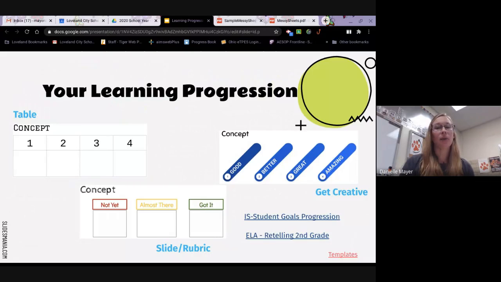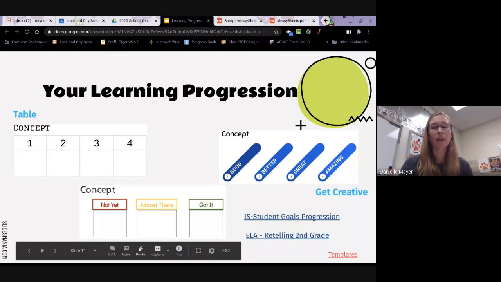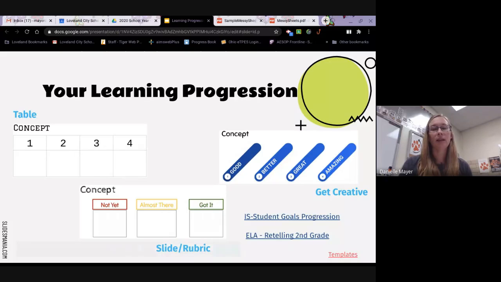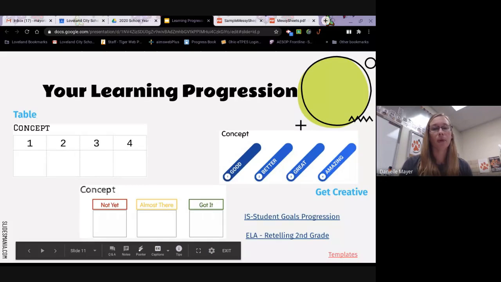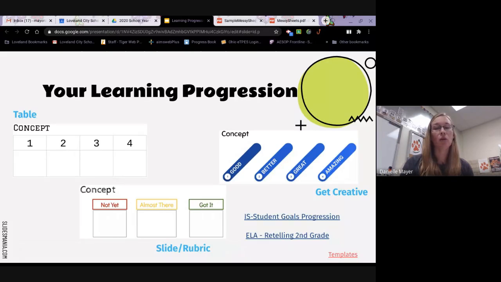Or you can kind of get creative and you can insert a graphic that's called a progression, and it does like cooler, amazing things that maybe you want to use because they look prettier. We had some people during our sessions share theirs, and we had an ELA retelling for second grade progression, and we had an intervention specialist use student goals to make a progression.